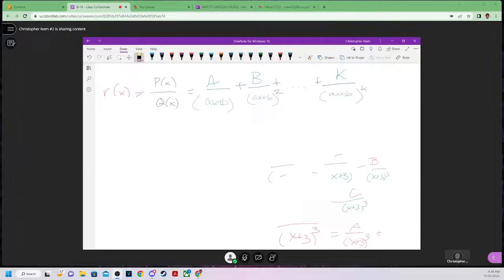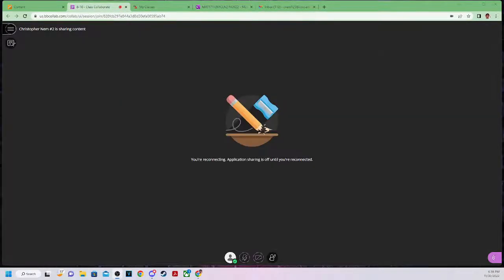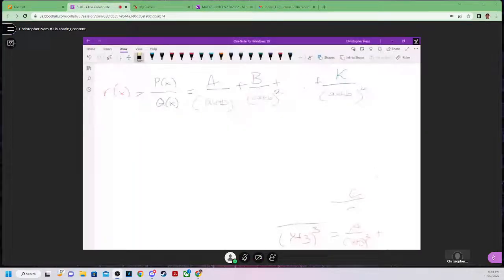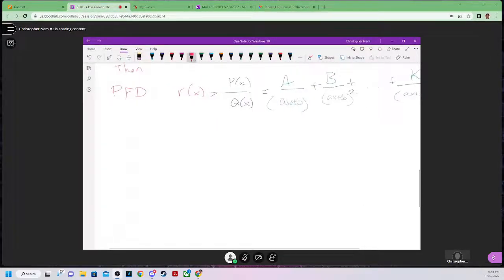It's nothing different except our denominator is going to have all of the powers of the repeating factor. So if it repeats 3 times, that means I need the factor raised to the first power, the second power, and the third power. So let's do an example.